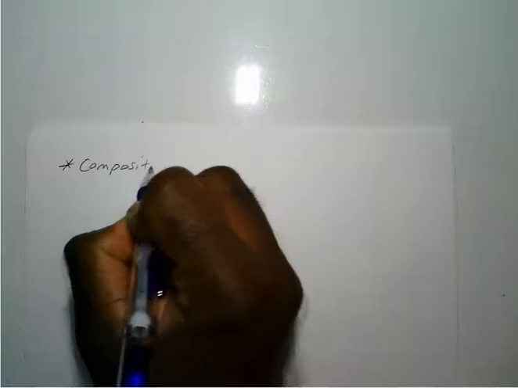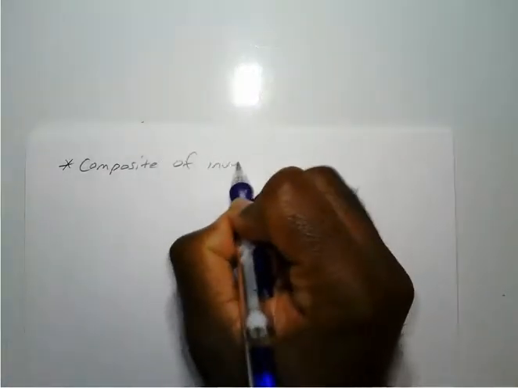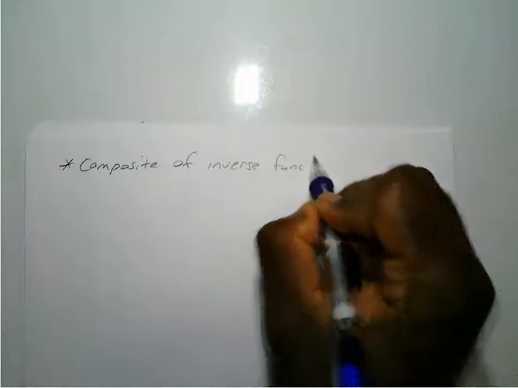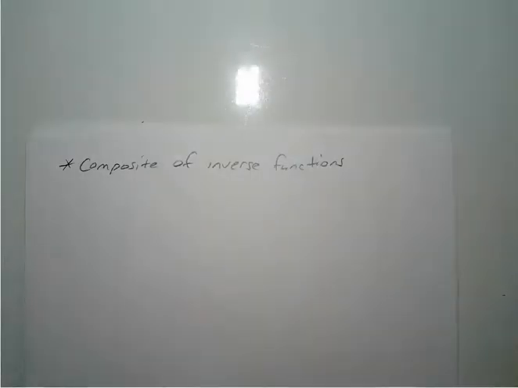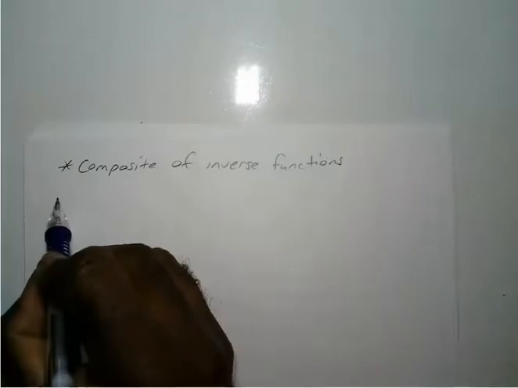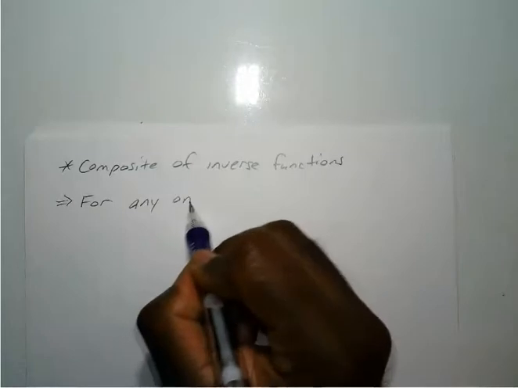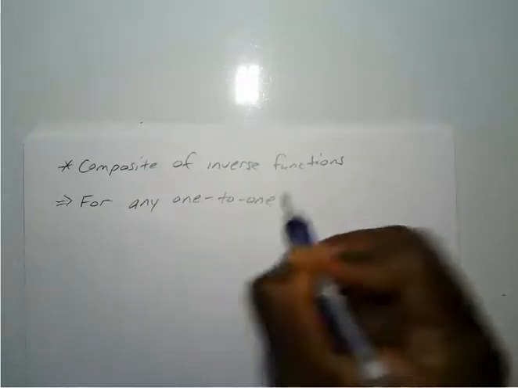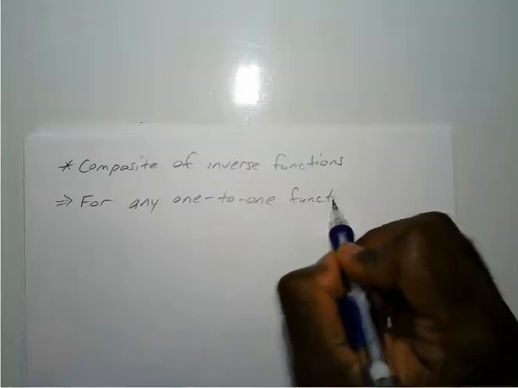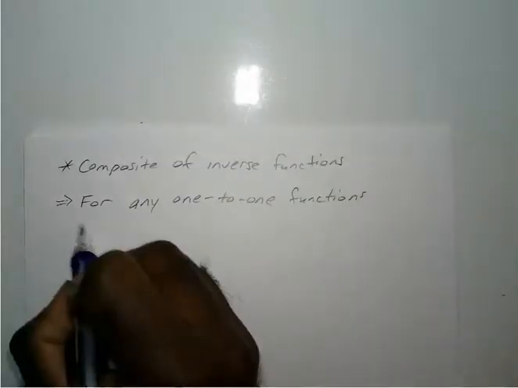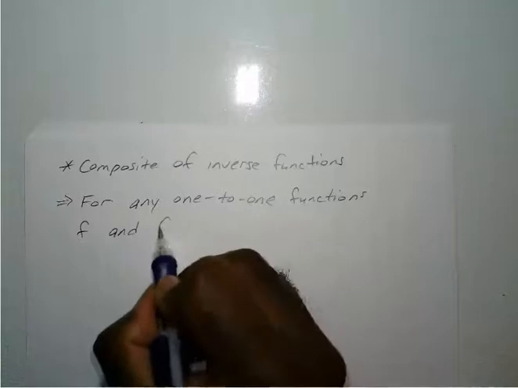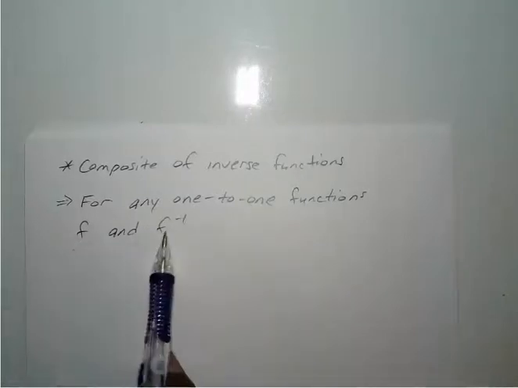which is the composite of inverse functions. Okay, so we kind of jumped to this earlier, but I'm going to give you the actual definition of it. For any one-to-one function, we have f and f inverse, our function and our inverse function.